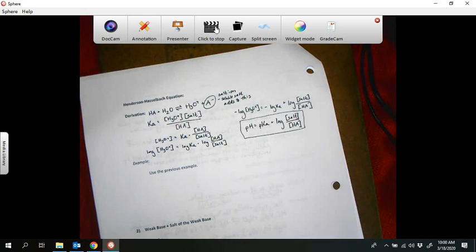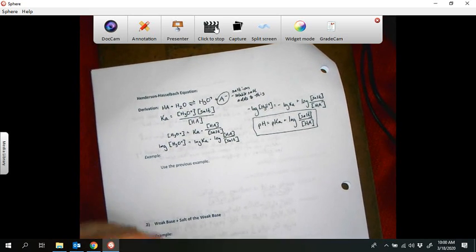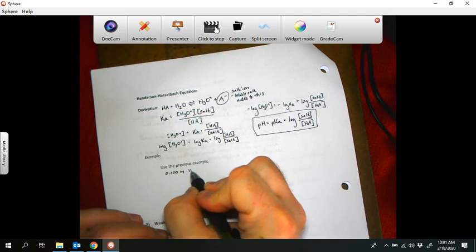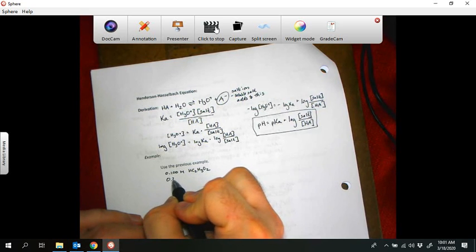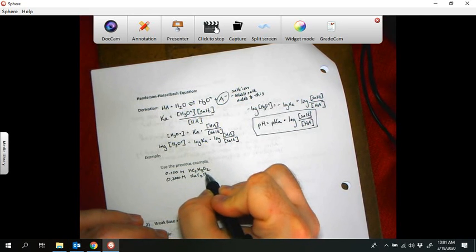We just need to know the concentration of the salt. So, using our previous example, we know that we had 0.100 molar HC2H3O2 and 0.200 molar NaC2H3O2.